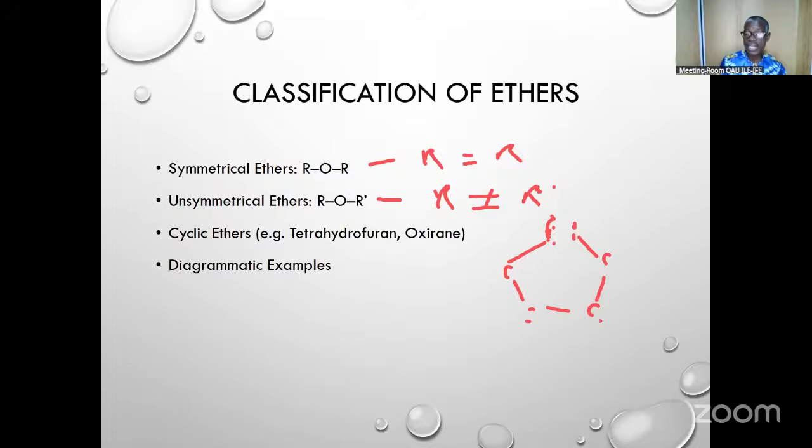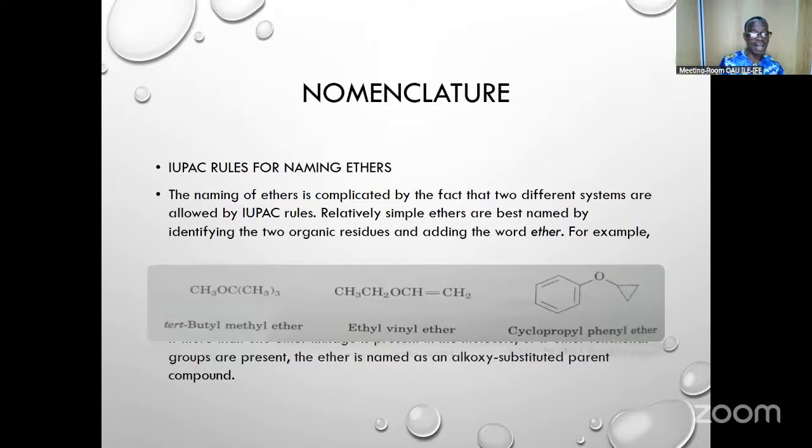And also we said that there are rules in naming ethers. The first one is the IUPAC rule for ethers. The first rule says the naming of ethers can be complicated by the fact that two different systems are allowed.